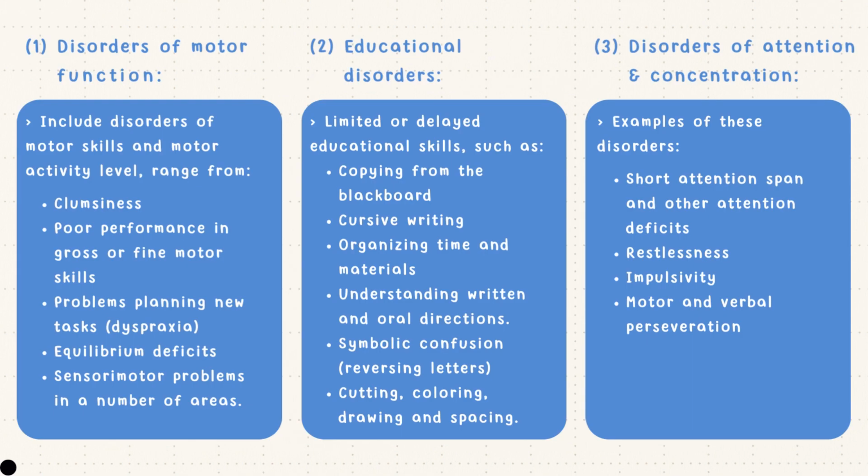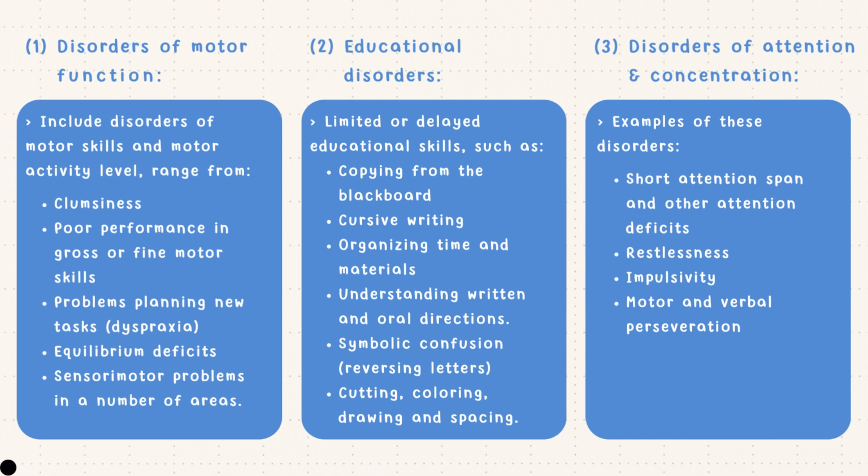So the first one, disorders of motor function, include disorders of motor skills and motor activity level, ranging from clumsiness, poor performance in gross or fine motor skills, problems planning new tasks or dyspraxia, equilibrium deficits, and sensory motor problems in a number of areas.